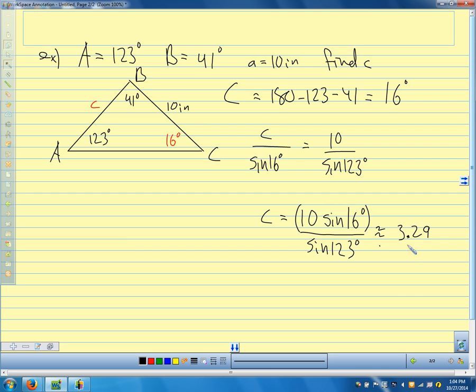That's why I usually like to plug it in the calculator exactly like that. Nice and easy. Make sure you're in degree mode for law of sines, law of cosines. I think in the majority of chapter 6 we're going to be in degree mode in our calculators when we do calculator stuff.